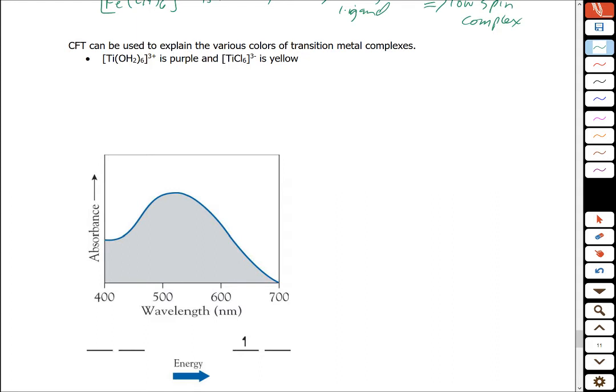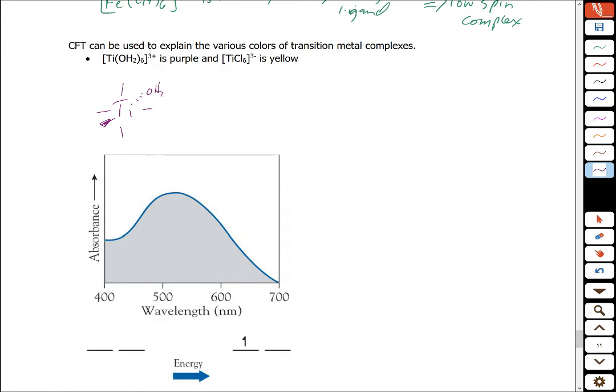The first thing we need to recognize is that color comes from the absorption of light. Things are colored because they absorb certain wavelengths of light. So let's look at hexaaquatitanium(III). It says it's purple, so I'm going to draw that in purple.